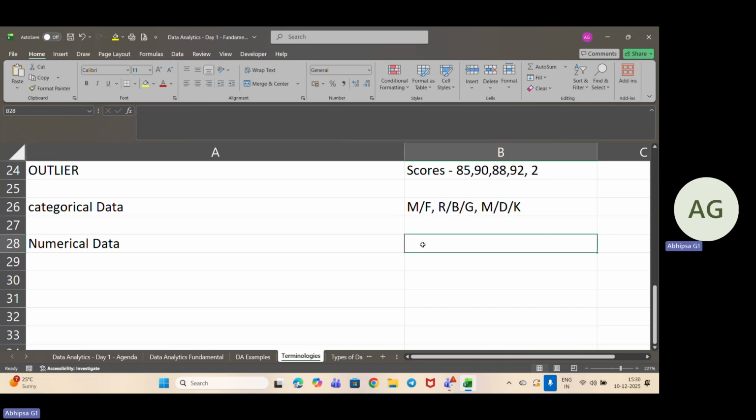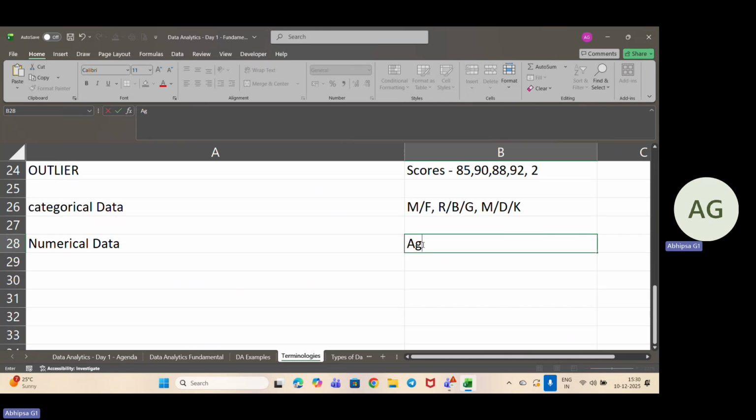Your age can't be represented with text, unless you are writing the number in words. If your age is 20, you write it as 20 either in number or in word. If you write 20 in words, that is another matter, but basically age can't be any text. That is why we call it numerical data.